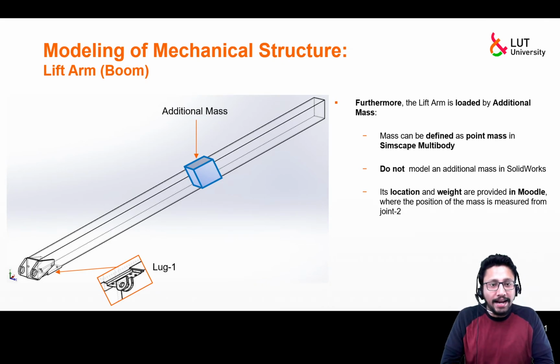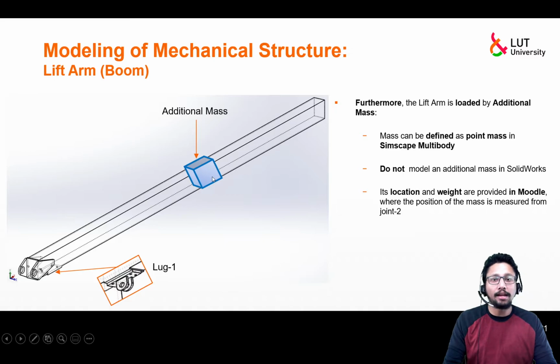Now at the end there is an additional mass here that needs to be modeled, because the lift arm is loaded with an additional mass when we take the measurements in our lab test. For that reason we also model this additional mass.